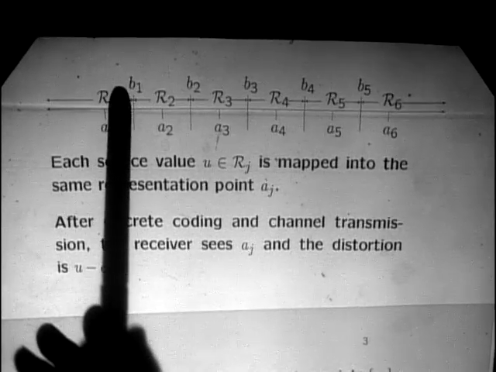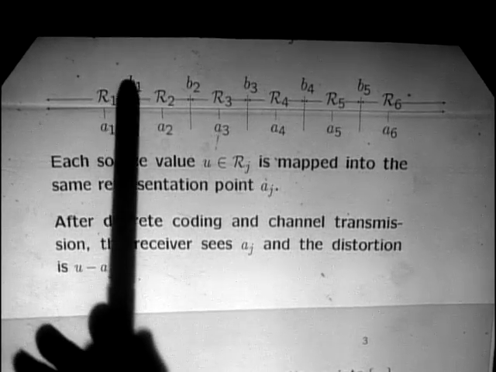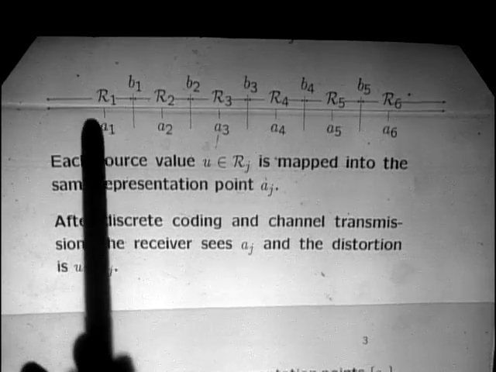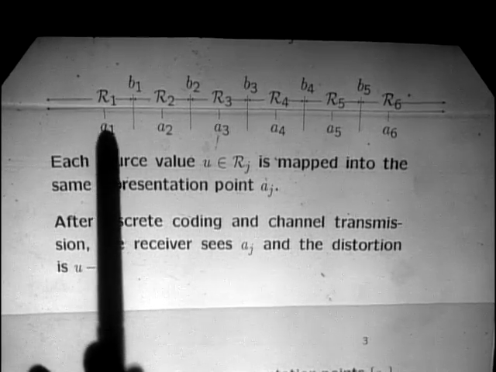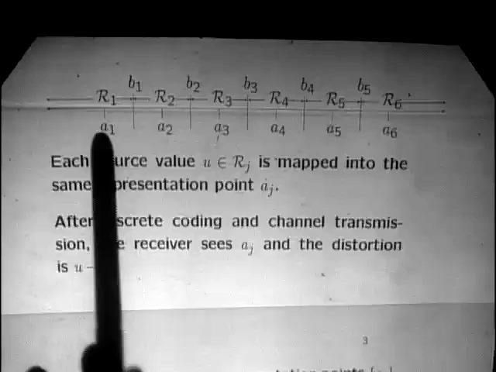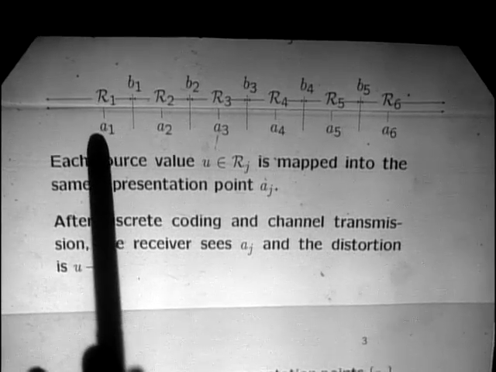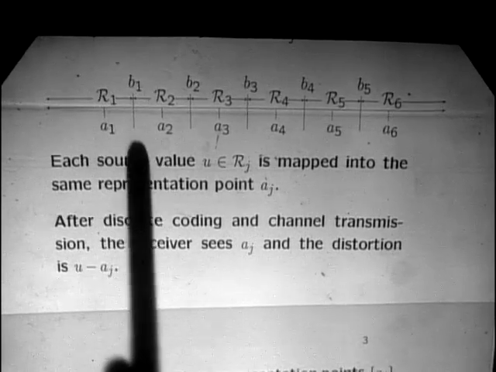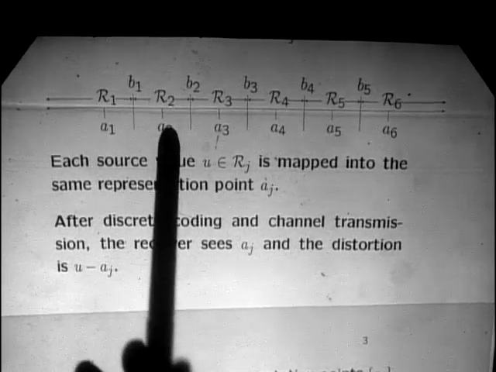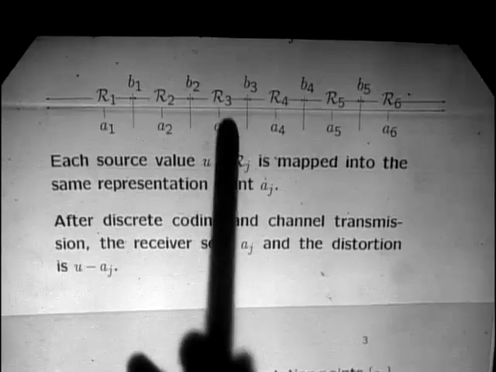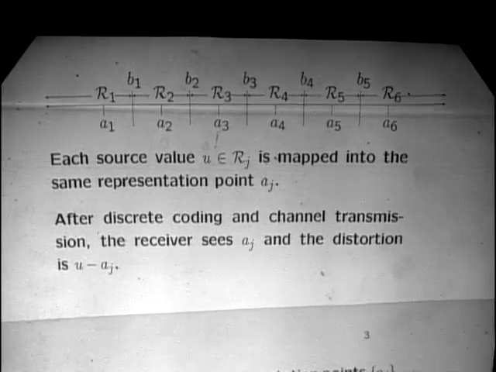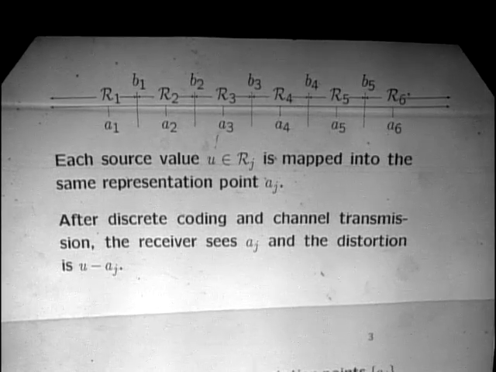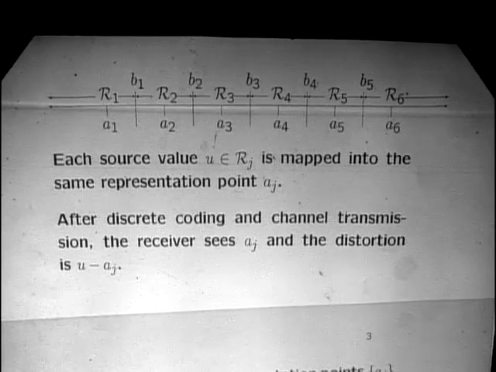So if I get some output from the source u, I say, okay, what's the distortion between u and a1? It's u minus a1. And the magnitude of that is the magnitude of u minus a1. The square of it is the square of u minus a1. And then say, okay, let me compare that with u minus a2. Let me compare it with u minus a3, and so forth. Let me choose the smallest of those things.